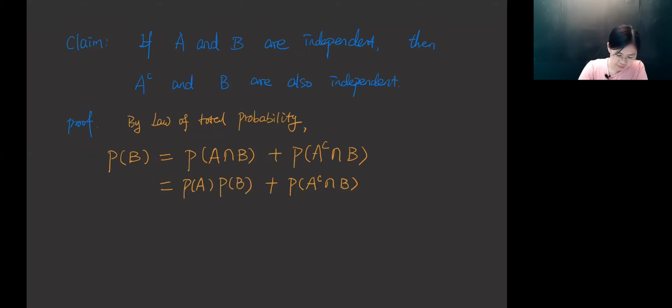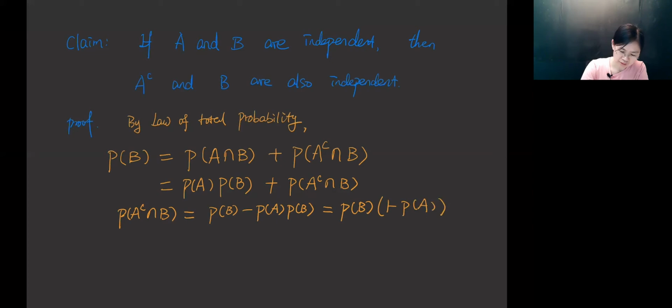Now let's move P of A times P of B to the right-hand side. We get probability of A complement intersection B equals P of B minus P of A times P of B. And we can factor out P of B, right? We find that P of A complement intersect B equals P of B times 1 minus P of A. But what is 1 minus P of A?